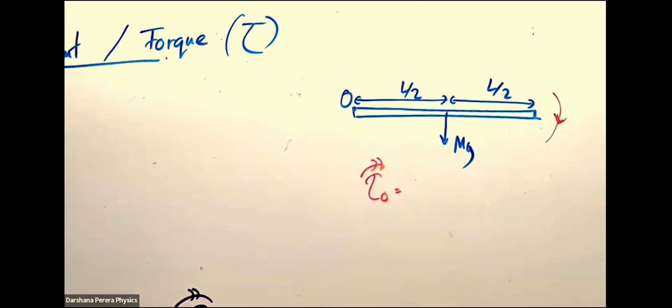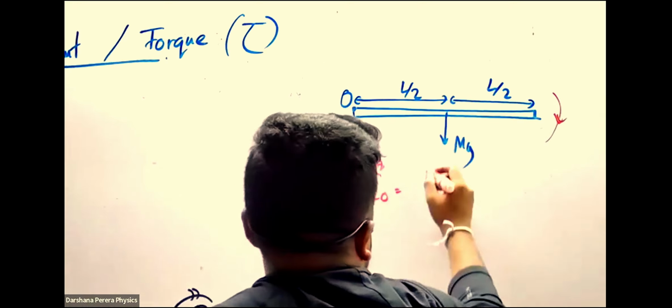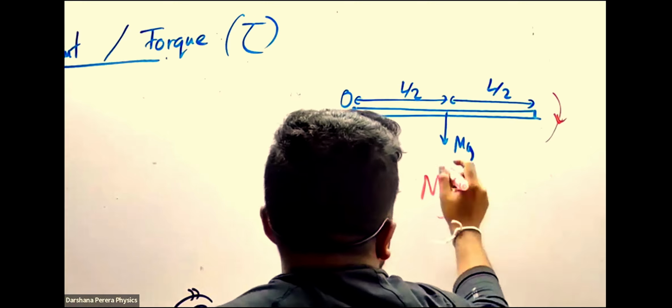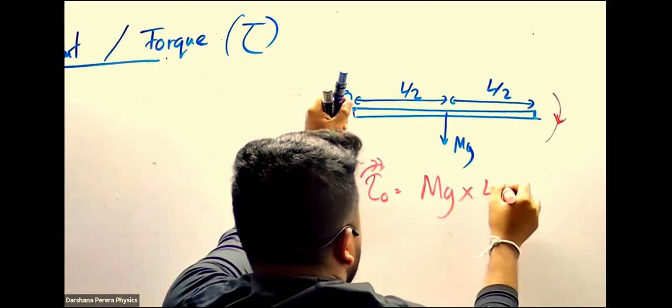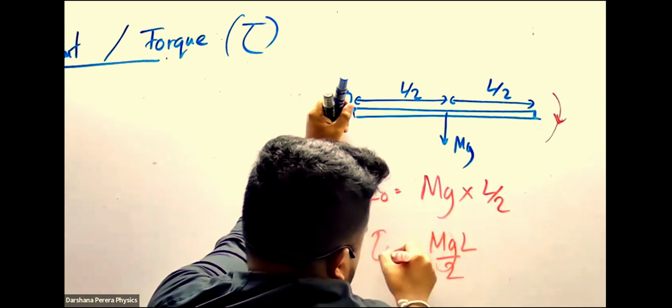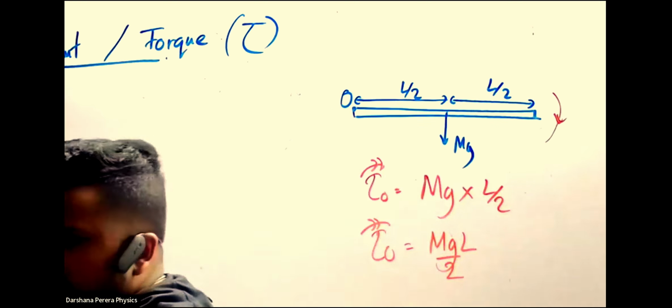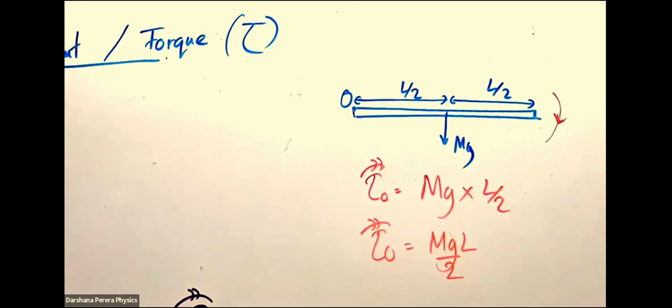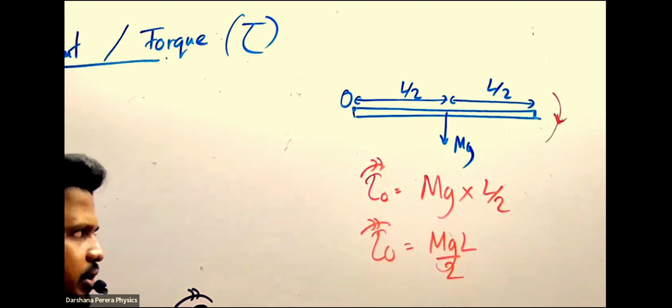What is torque? Mg times the distance, L over 2, since it rotates about the end. Mg L over 2. Likewise, we have to take the torque. Right. I think the torque values are clear.